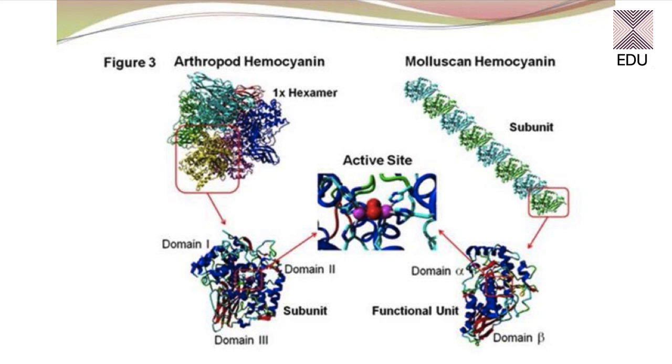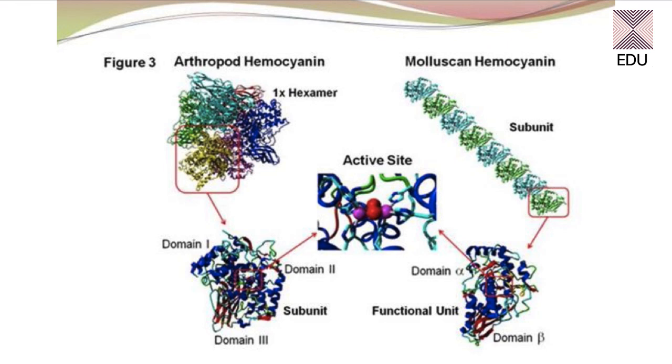So this is the basic difference in the structure. The similarity is that they have a single active site. Both hemocyanins have a single active site in the center of the domains.